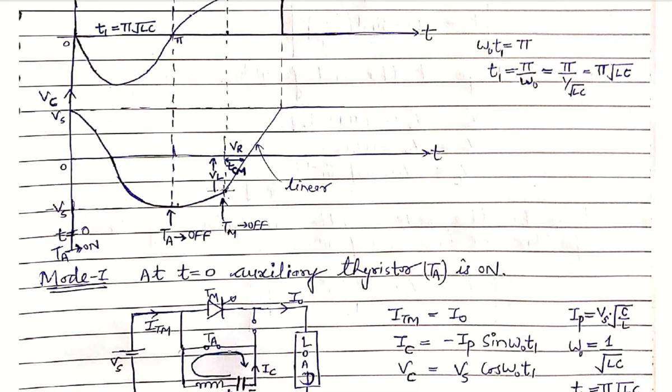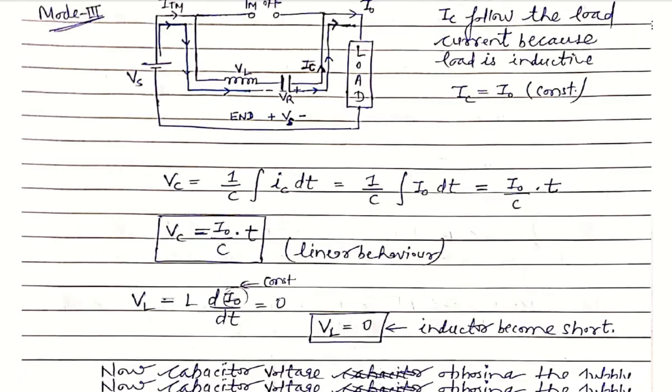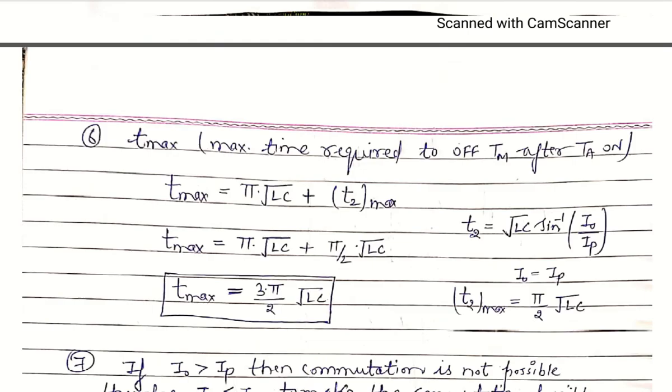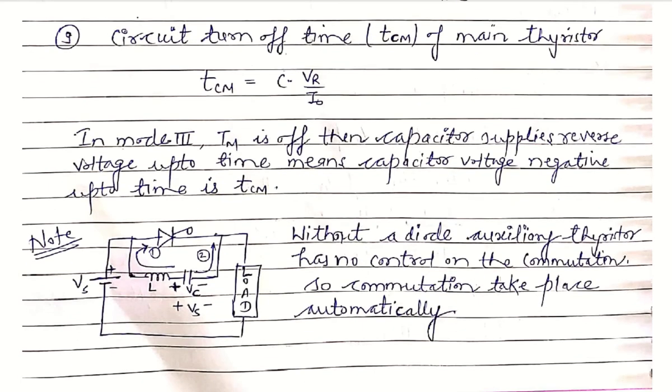So up to time TCM the capacitor voltage will be reverse, and after that it will be positive. So up to the circuit turn off time TCM, this is the reverse voltage which will appear across the main thyristor, which is given by Vs cos of sine inverse I0 divided by IP. This circuit turn off time will be calculated by this expression.